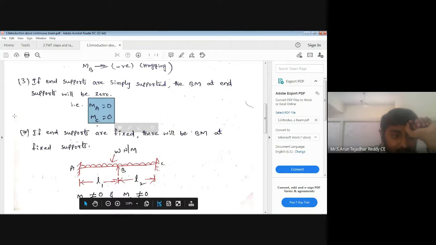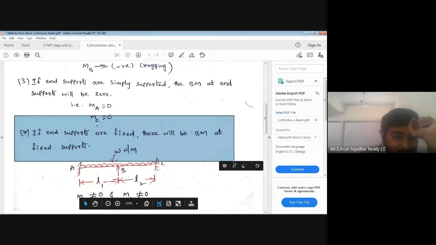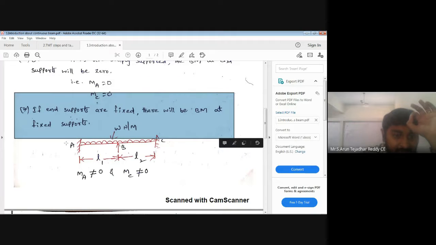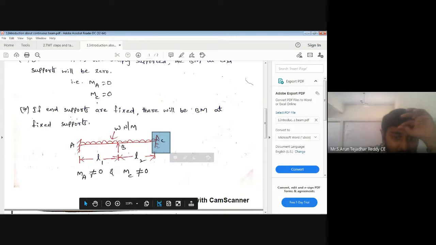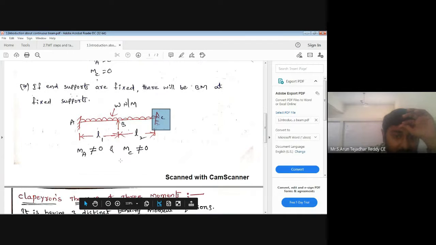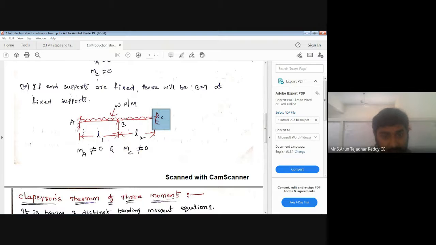Next, fourth condition: if end supports are fixed, it means in this diagram there will be bending moment at the fixed support. It means moment at A and moment at C are not equal to 0. Here you will get some values MA and MC, but we don't know whether positive or negative, that is for later.